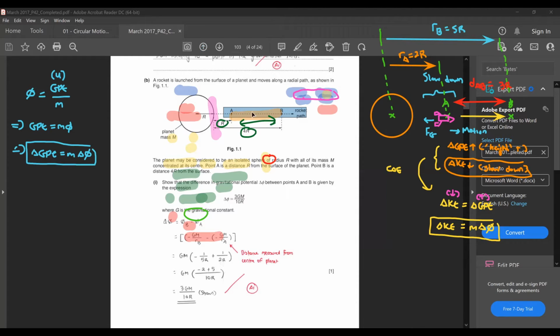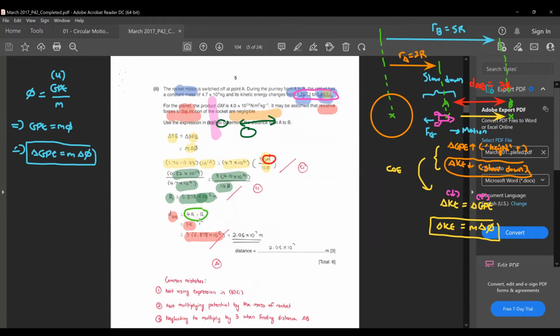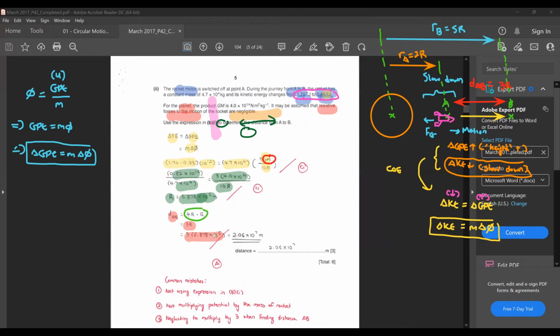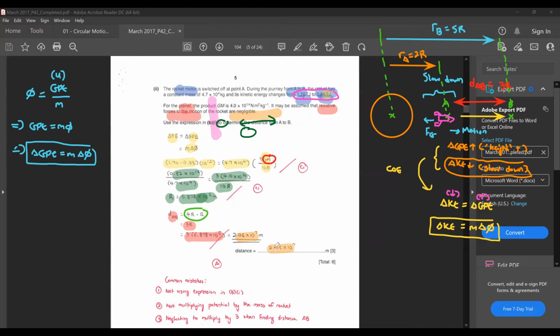It's just that the approach is different. The distance AB is 3 times your value of R. So just sum that value in, and then you eventually get your answer as 2.06 times 10 to the power 7 meter. Yeah, and then you have it.